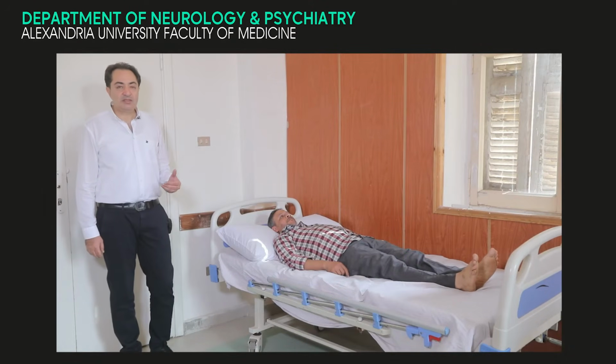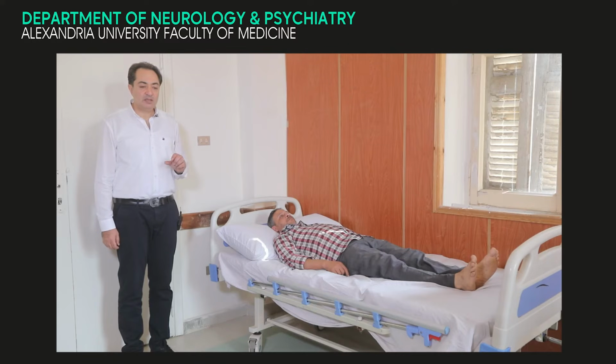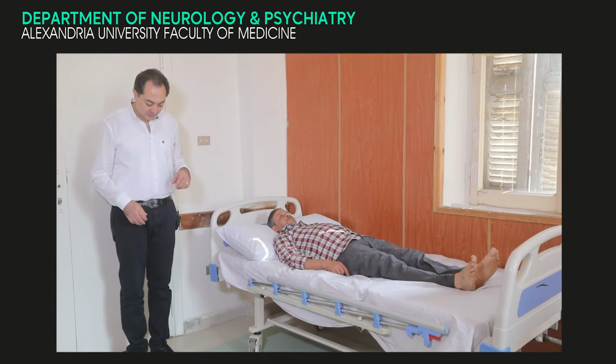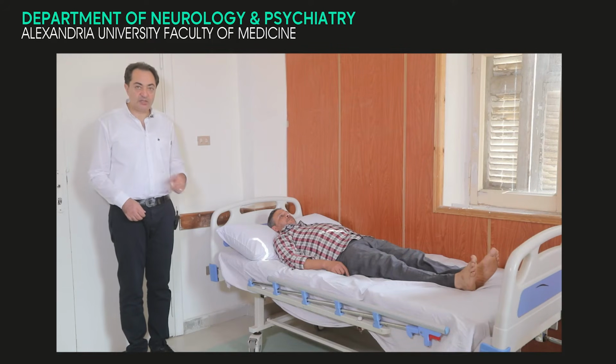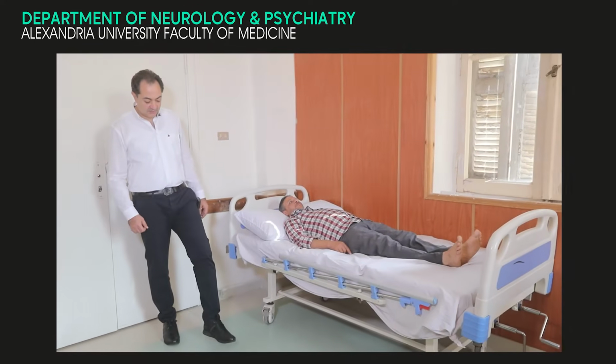In some diseases, we can see a particular gait. For example, in hemiplegia, if the patient has hemiplegia on the right side, he will walk normally with the left side.